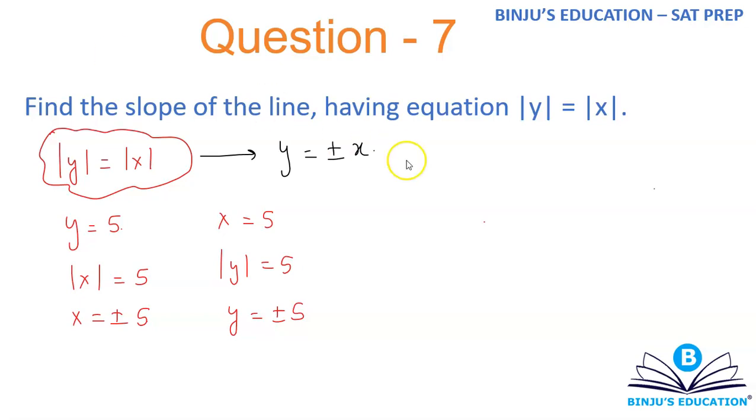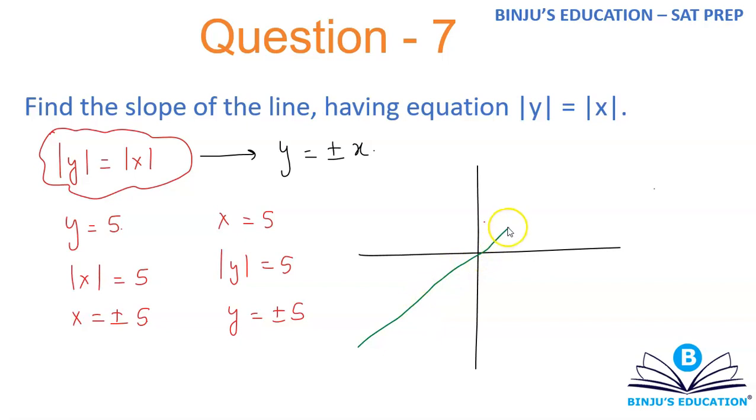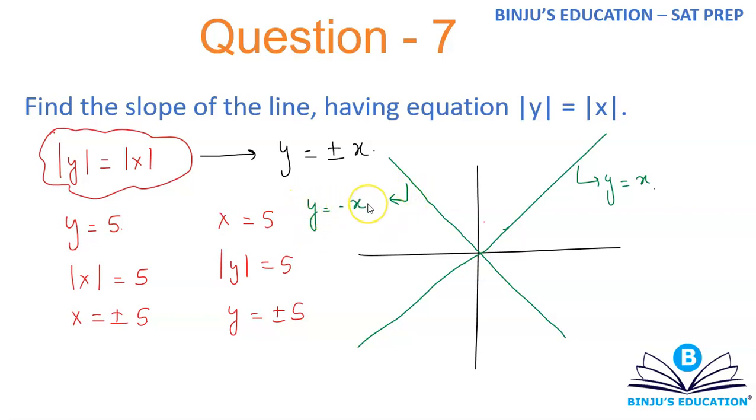You can simply draw the two lines now. So this is y is equal to x, and this is y is equal to minus x. So you can have a slope of 1, you can also have a slope of minus 1.